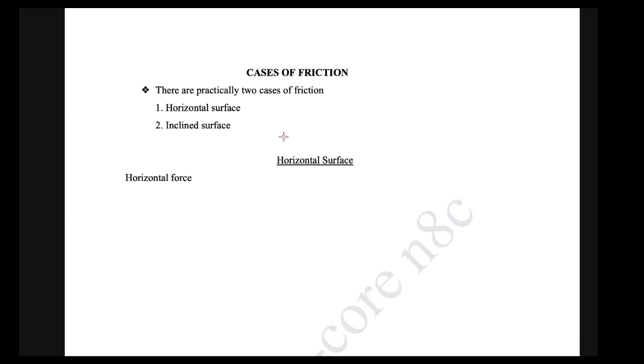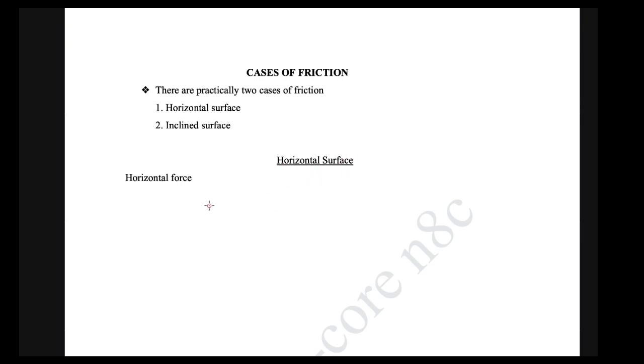I'm going to consider two cases: friction when an object is placed or moving on a horizontal surface, then friction when objects are placed or moved on an inclined surface. So let's start with horizontal surface.